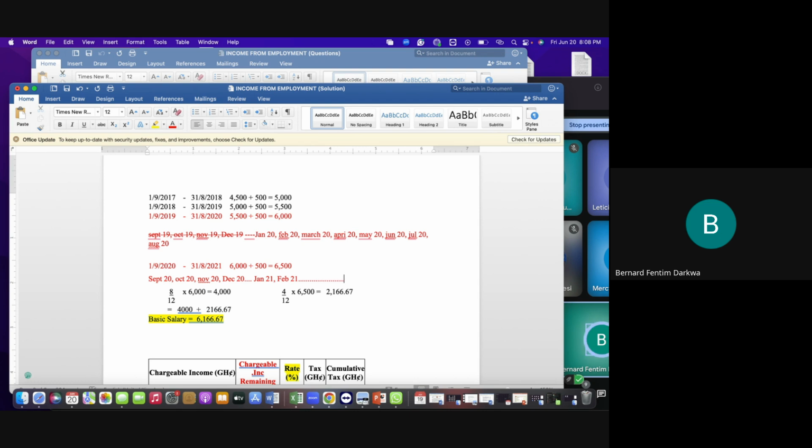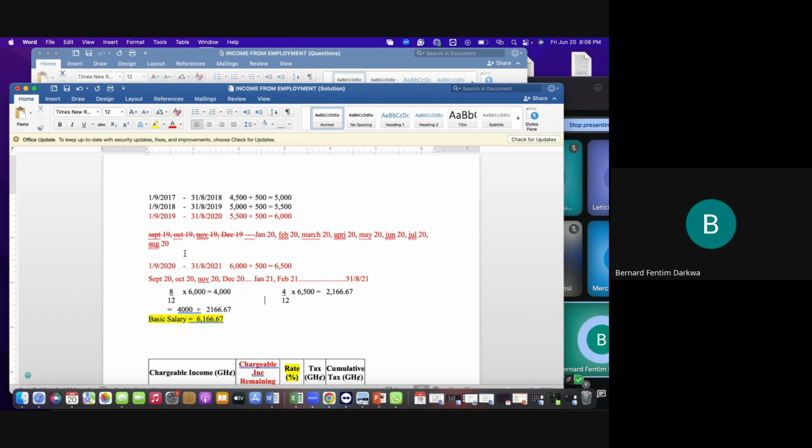To 31st August 2021. But we are not interested in the 2021. All we want is what? 20. So how many months of 2020 is here? We have 1, 2, 3, 4. So 4/12 times the amount we are sharing there.